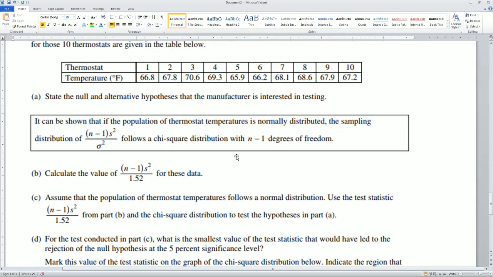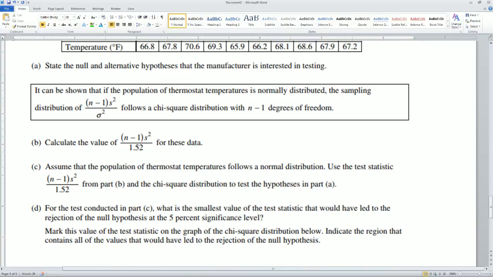Here, do you see how some questions will actually already tell you what to use? You can do part B if you want, but I care about B and C. So calculate that out for me and tell me what you got. Wait, what does that mean? It can be shown if the population is a normal distribution, the sampling distribution.